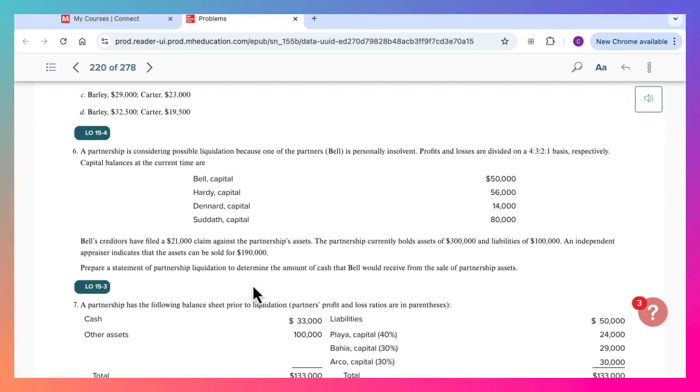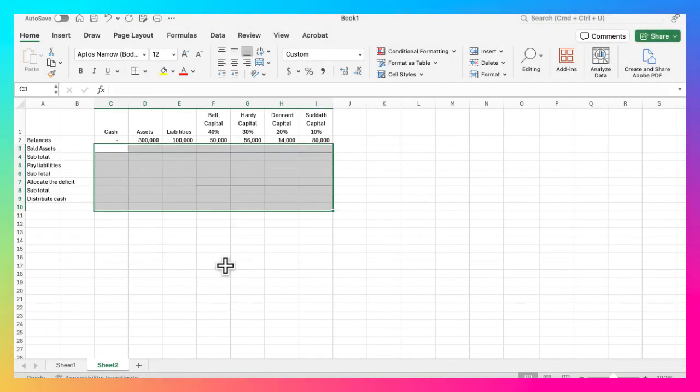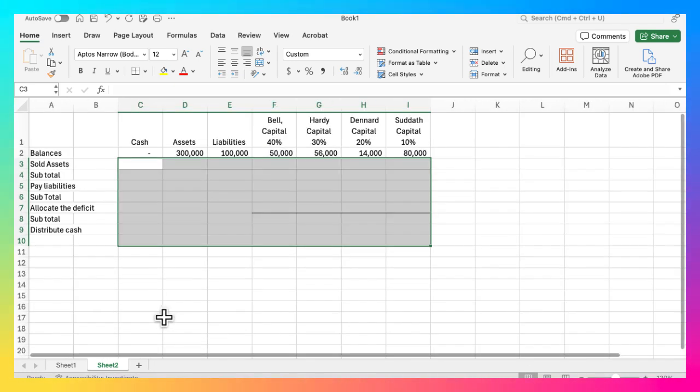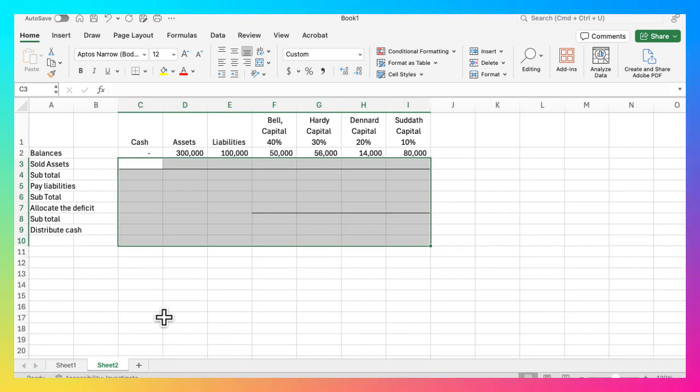Okay, so what I did already was create a spreadsheet, if you will. Incidentally, this should be pretty much identical to, I believe, Exhibit 15-4 in the book, when they show you how to prepare a statement of partnership liquidation.